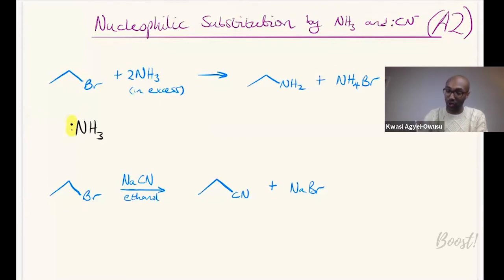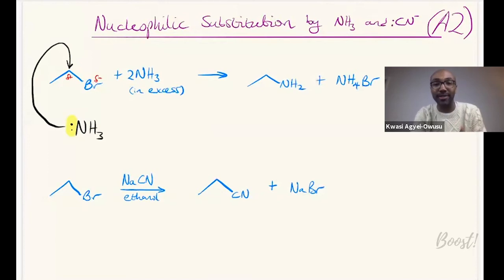Just as you saw before, you've got a curly arrow going from our lone pair to the carbon, which will have a delta plus charge on it. I haven't shown the dipole here, but by this stage you should all be able to recognize why that carbon is attacked. Your bromine is more electronegative than that carbon atom, so that bond is polar.